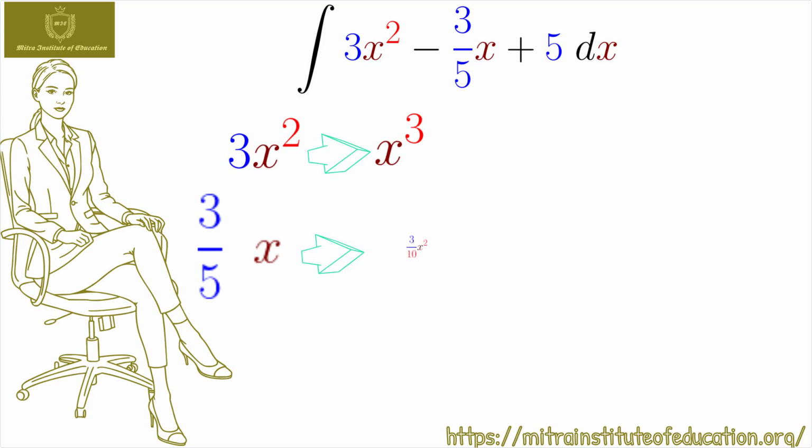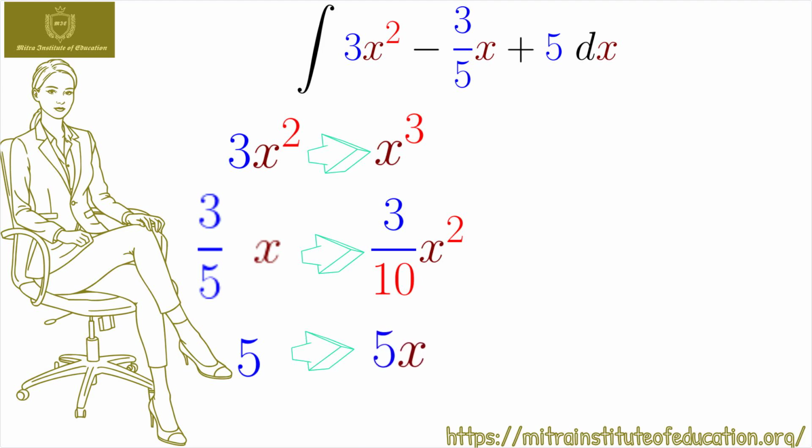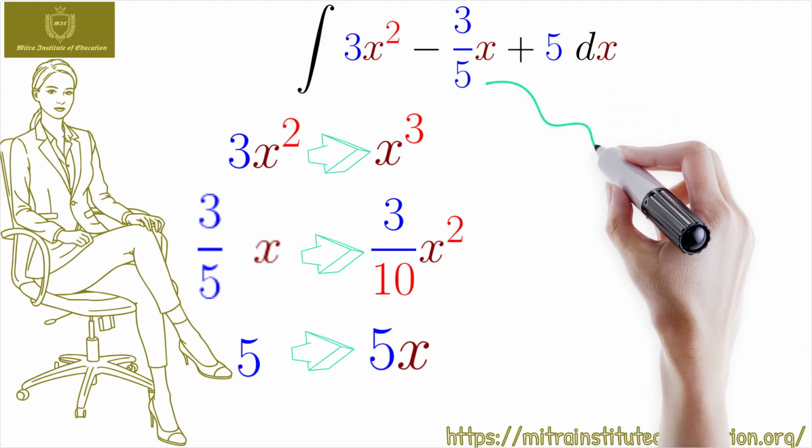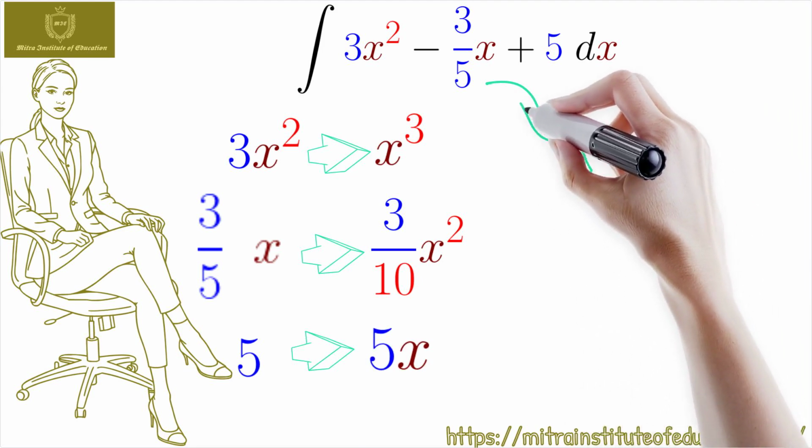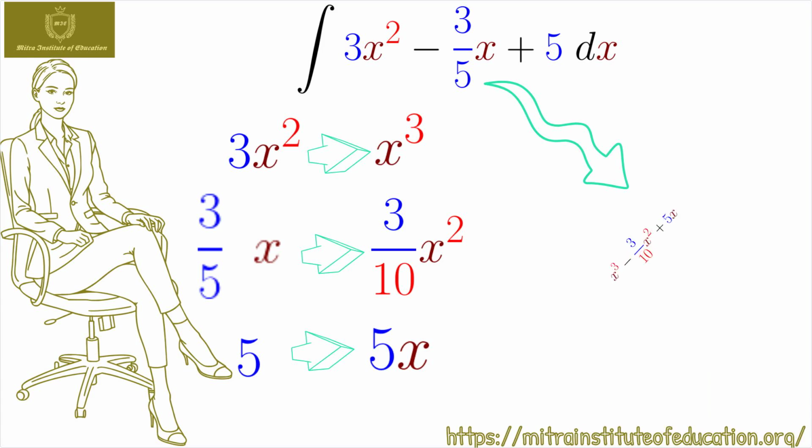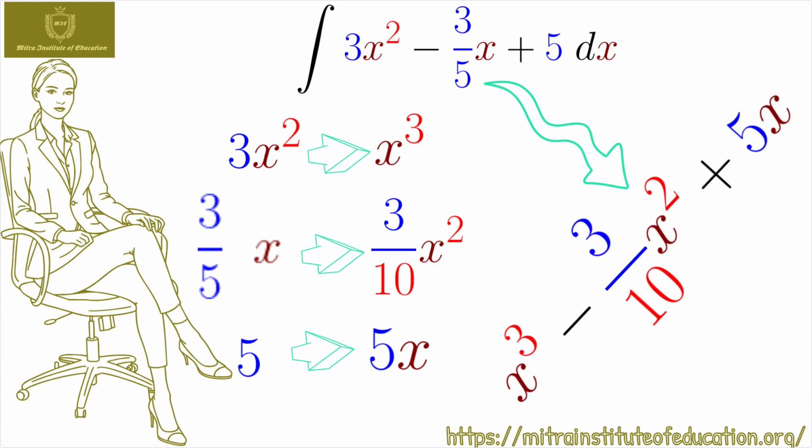For 3 divided by 5 times x, we get 3/10 times x squared. And for the constant 5, the result is simply 5 times x. So, putting it all together, the integral of 3x squared minus 3 divided by 5 times x plus 5 is equal to x cubed minus 3/10 times x squared plus 5x.